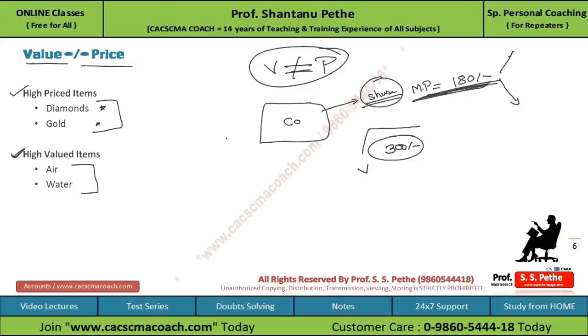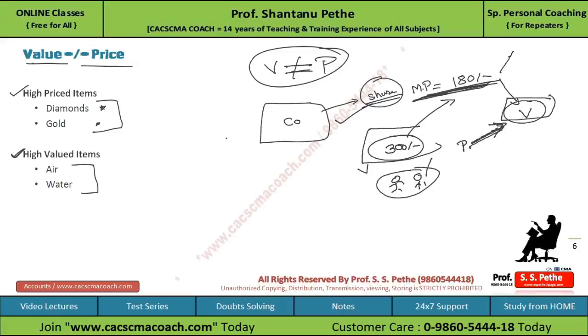If this is the case, more and more people will like to buy the shares of this company, and because of this demand, the price of this share keeps on increasing. From this concept, you can understand that the price of anything follows the value of that particular thing. But price and value may not be the same. Price and value can be different.